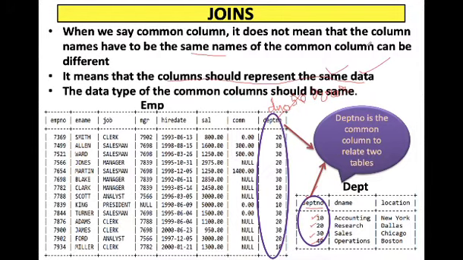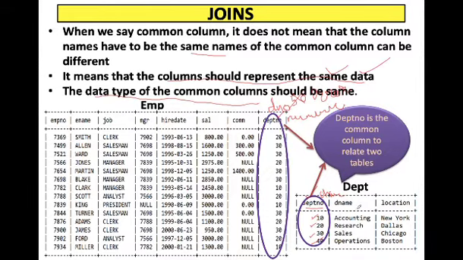Now the next important point is that the data type of the common column should be the same. It should not happen that here you are keeping department number as A1, A2, A3, A4, and here you are using numeric. The data should be the same, with the same data type.